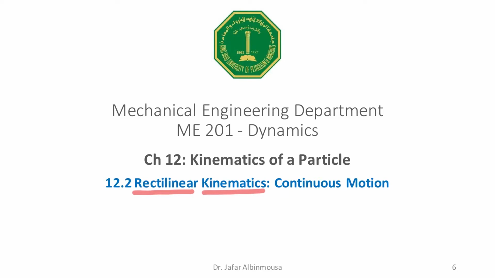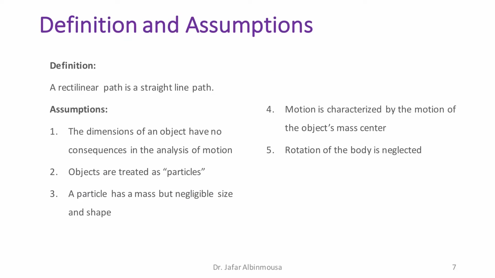For the rectilinear motion, we are going to define the word rectilinear for you in a minute. So, to start with this, we need to have a clear definition of the rectilinear path. A rectilinear path is a straight line path. Straight line means straight line, just one line, no curvature.